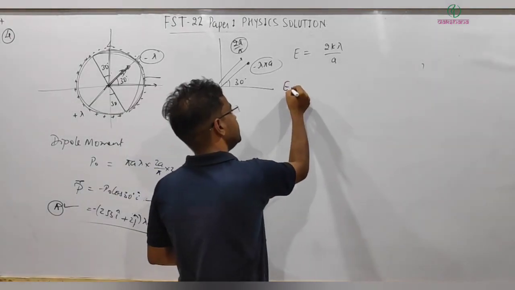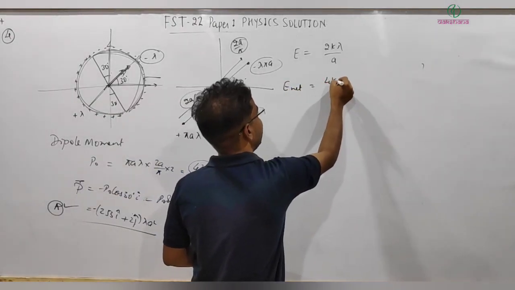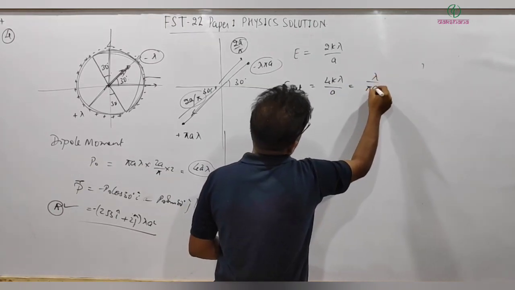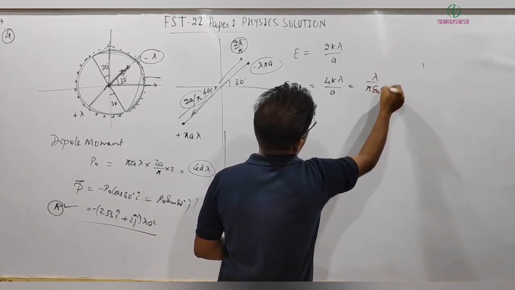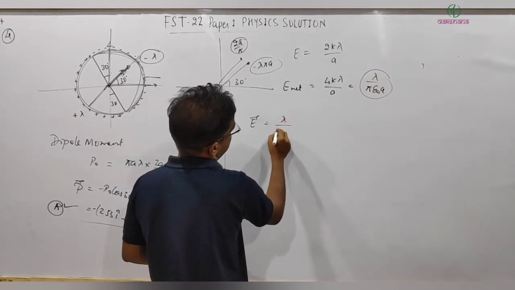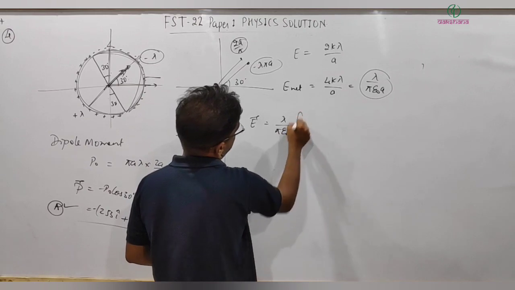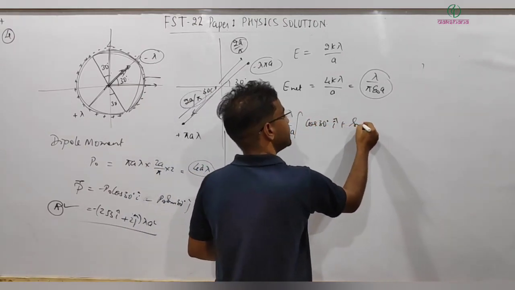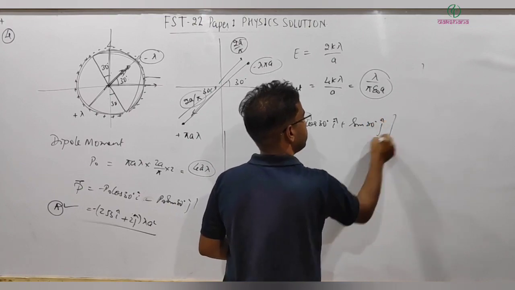So the net electric field E net can be written as 4kλ by a, which is equal to λ by πε₀a, and then resolving the components, I will get E equal to λ by πε₀a times (cos 30° i cap + sin 30° j cap).